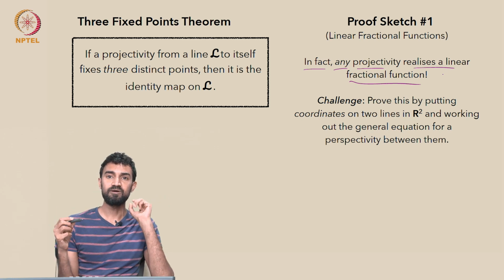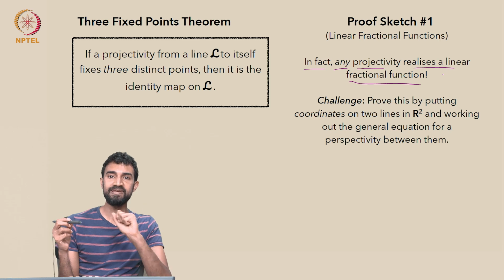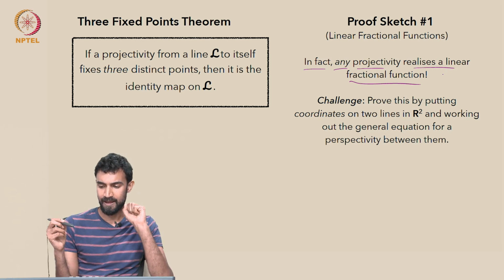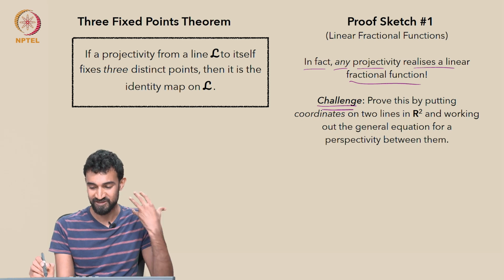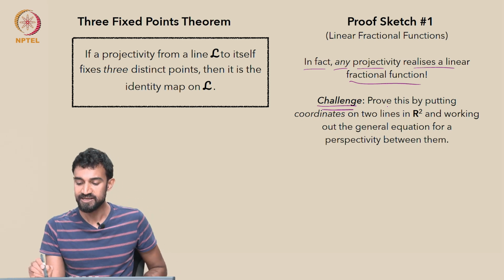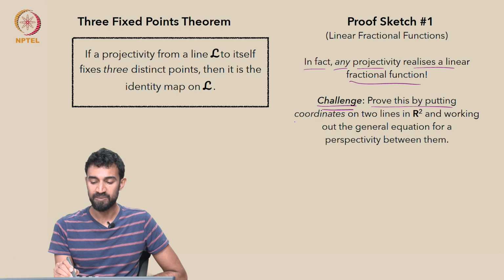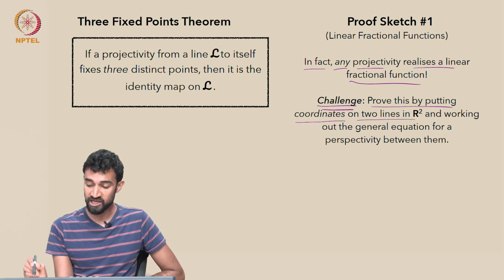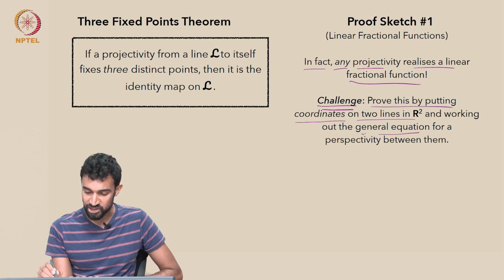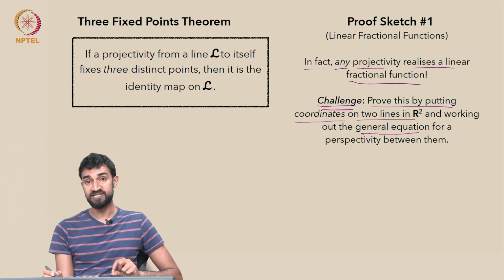It can be written down concretely as a linear fractional function. So the challenge, which I'm leaving as a challenge exercise, is to try and prove this by putting coordinates on two lines in R2 and working out a general equation for a perspectivity between them.